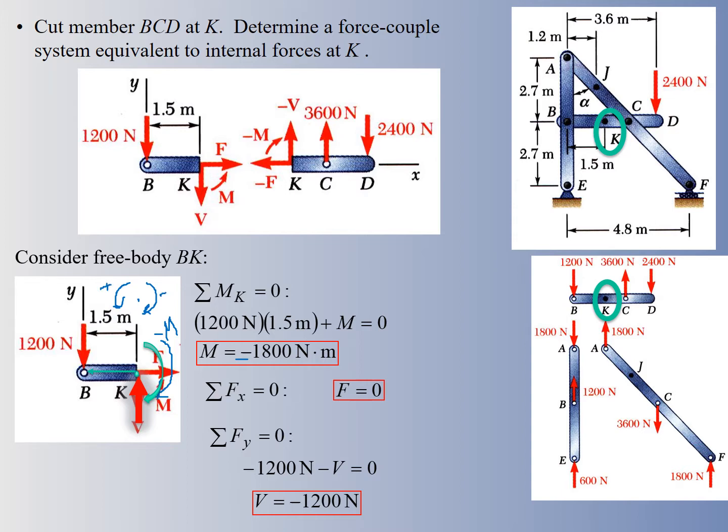So there's the positive versus negative, and these two moments are going to add to 0. Okay, so internal to this one, the moment is our negative 1800, nothing in the axial direction, and then in the shear direction, 1200 down, so we have 1200 up, and 1200 up is considered positive. So this guy is actually going up.